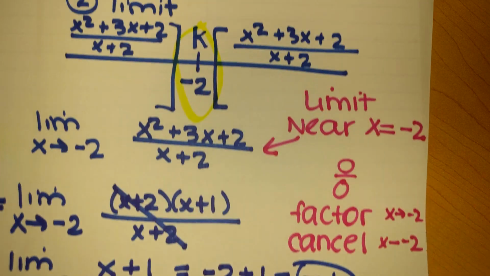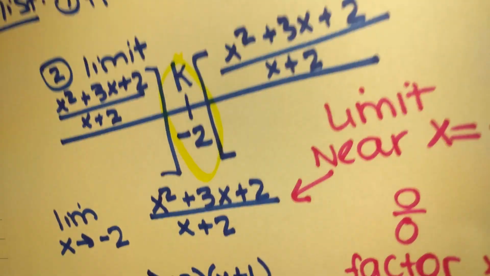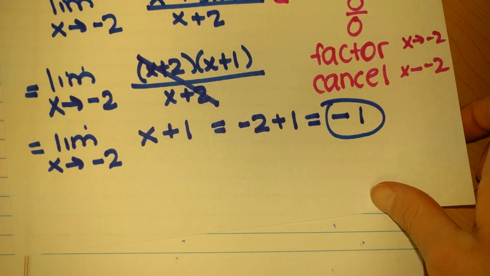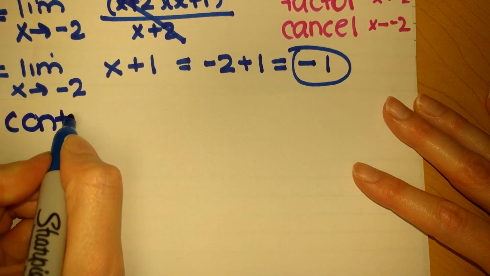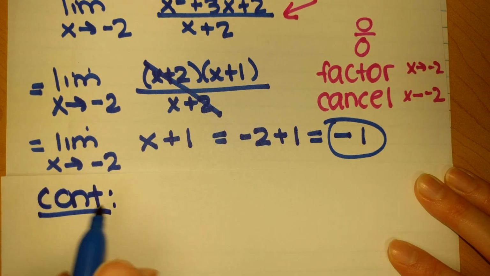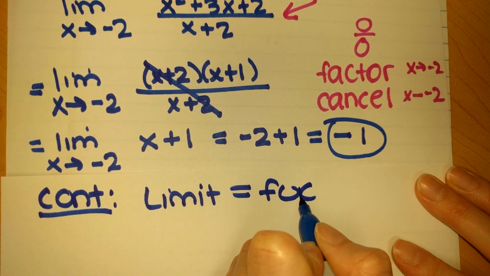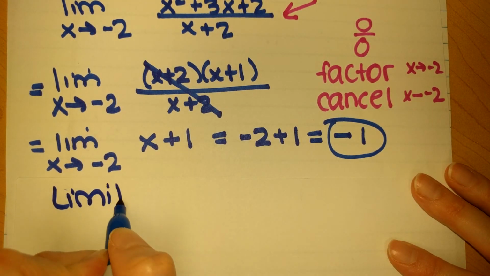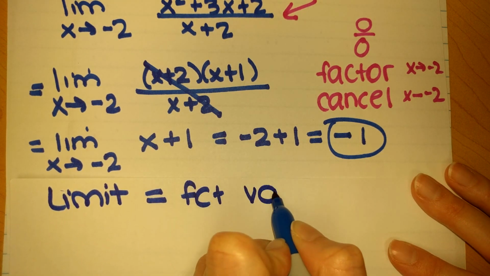So the first thing that we did is we found that the function value was equal to k at -2, and we found the limit was equal to -1 as x goes to -2. Now, remember that for the function to be continuous, we need the limit to be equal to the function value.